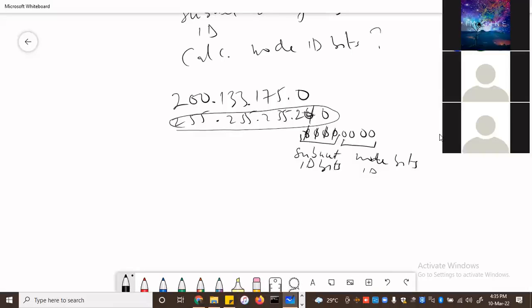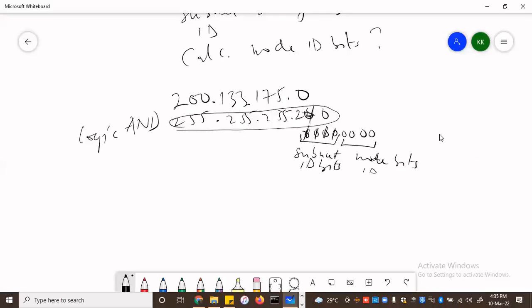So to calculate the network address, we have to do what you call a logic bitwise AND. In computers, we don't do addition. We do what you call logic AND, and you guys will take a class that will tell you what AND means.